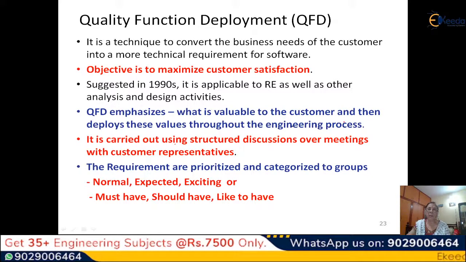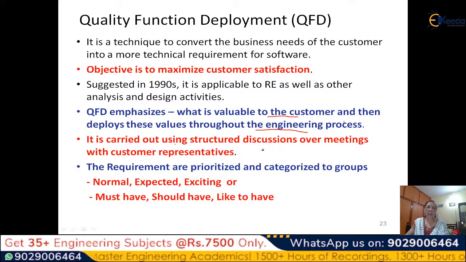So we have to provide a value to each requirement. Throughout the engineering process, we have to think of the value to the customer, and that is why it is called quality function. How much quality does the customer allocate to it?